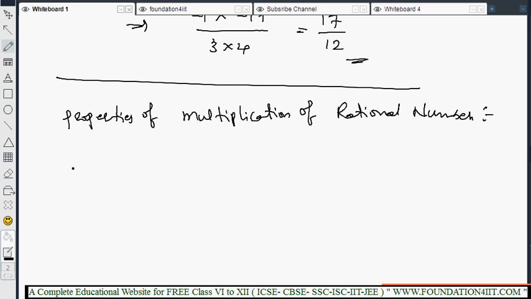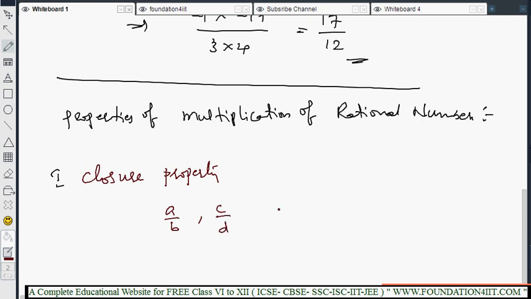In multiplication also the closure property exists. First property is the closure property, the same as we have seen in addition. If a by b and c by d are two rational numbers, then a by b into c by d is also a rational number.